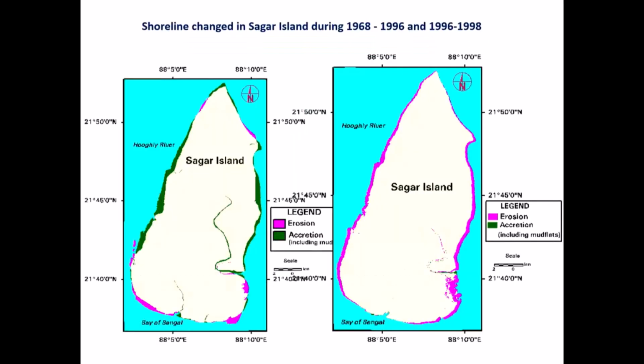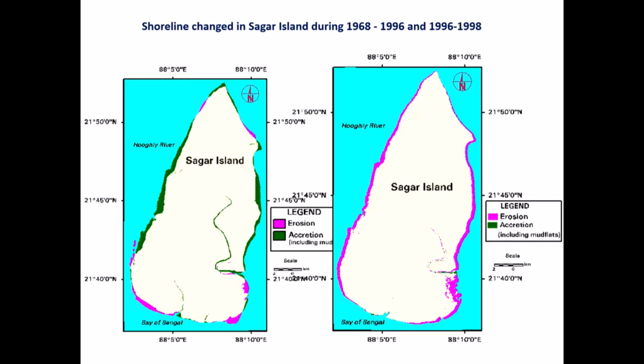And this erosion and accretion process can be easily monitored by satellites. And this picture shows you the map of erosion and accretion of Sagardeep Islands in the Ganga river mouth.